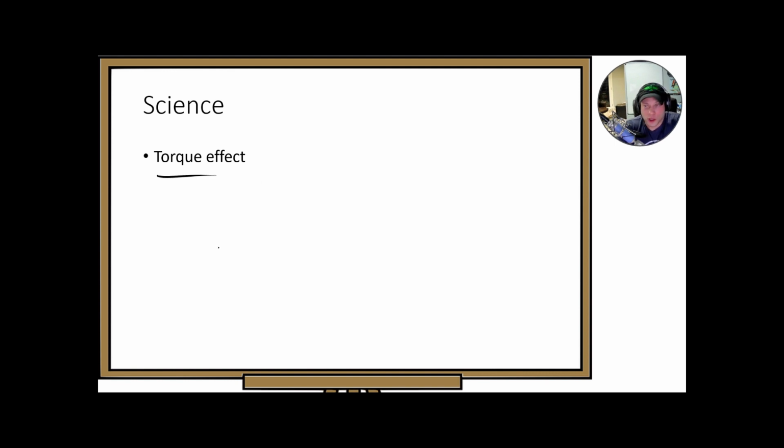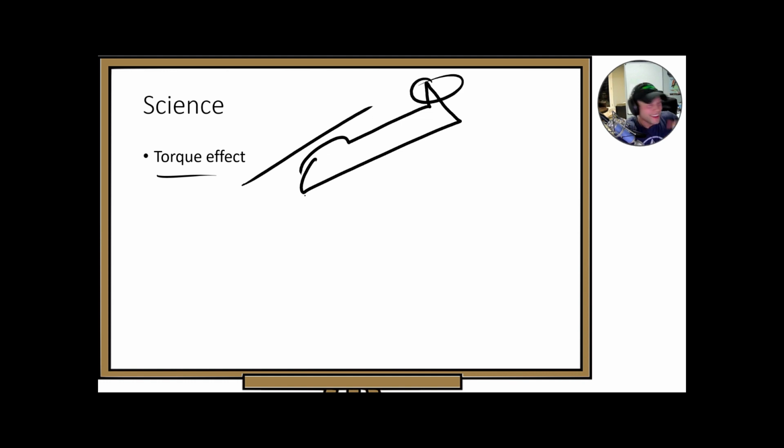Now let's talk about Sir Isaac Newton. One of Newton's laws says that for every action, there is an equal and opposite reaction. So let's talk about helicopters. Look at my beautiful helicopter here. As a helicopter flies, the engine rotates the main rotor in one direction. And because of Newton's law, for every action, there's an equal and opposite reaction, the helicopter wants to rotate in the opposite direction.